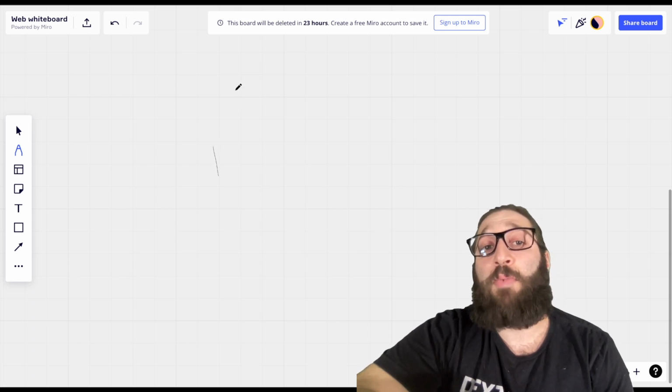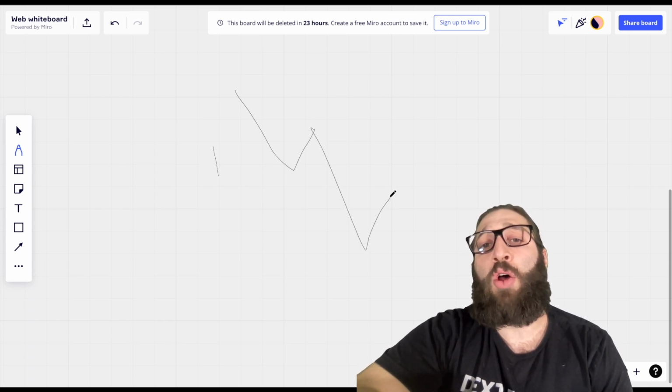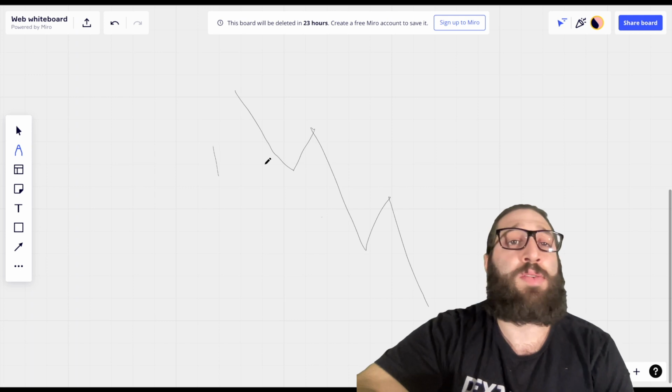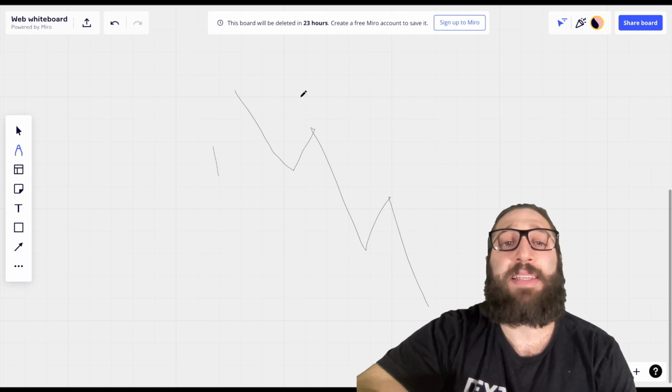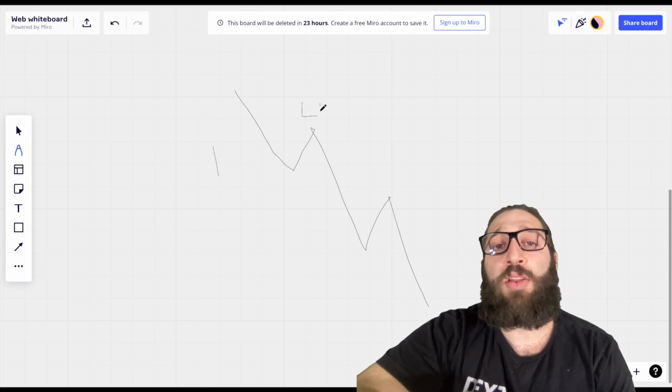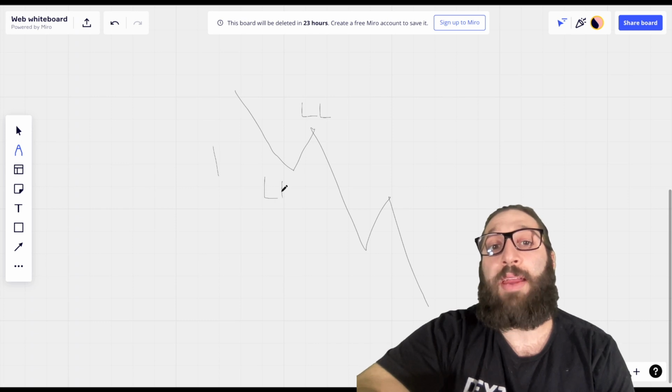So now if we look at a downtrend, which is similar to an uptrend, but now we're making lower lows, lower highs, lower lows, lower highs, lower lows. And we're going to apply this to a real chart, but I just want to get the basics out of the way. So this is a lower low, which is LL, and then you have a lower high.